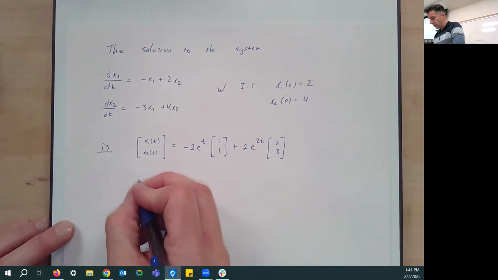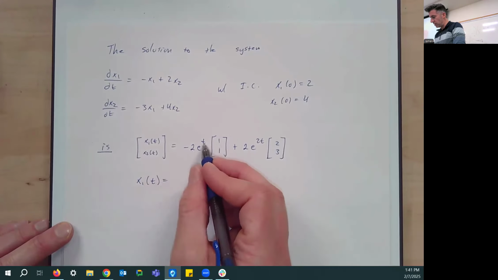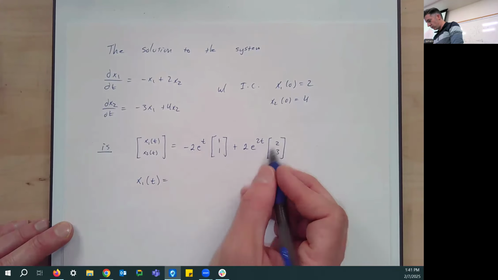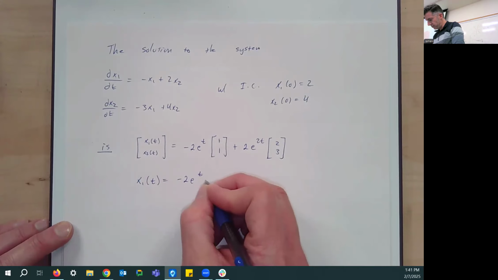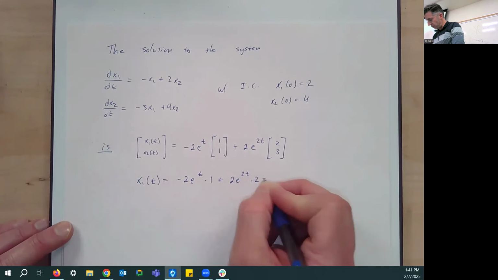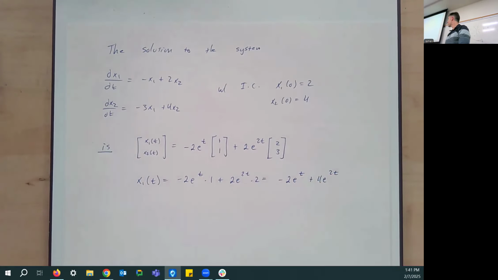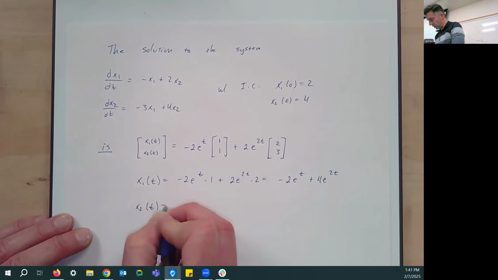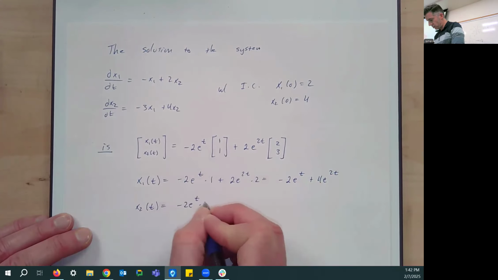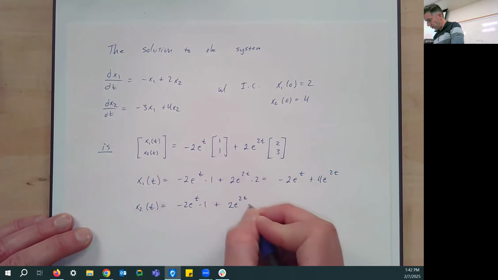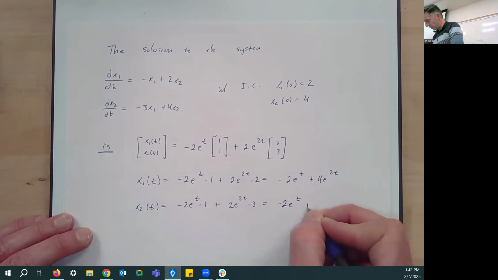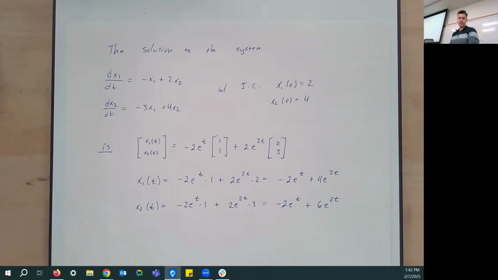So the top row is that x1(t) is equal to -2 e^t times 1 plus 2 e^(2t) times 2, or more simply, -2 e^t plus 4 e^(2t). Similarly, x2(t) is going to be -2 e^t times 1 plus 2 e^(2t) times 3, or more simply, -2 e^t plus 6 e^(2t). That's kind of a lot, but not unmanageable. It's just there are a lot of steps to go through.